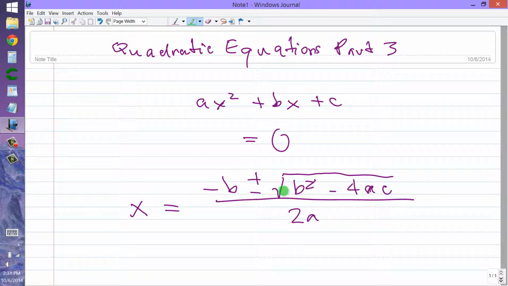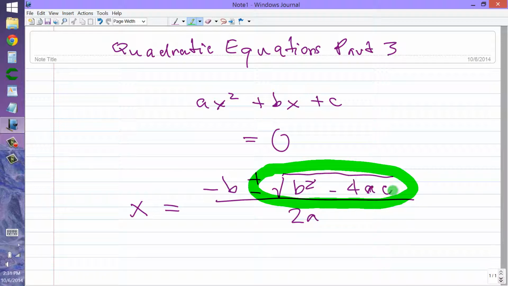Now, the interesting thing is this quantity right here. That quantity right there is sometimes called the discriminant. That's what this is right here. That means it discriminates, or it tells you what the solutions are going to be like.